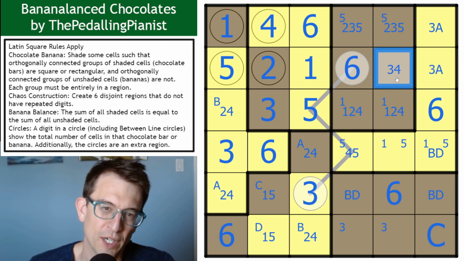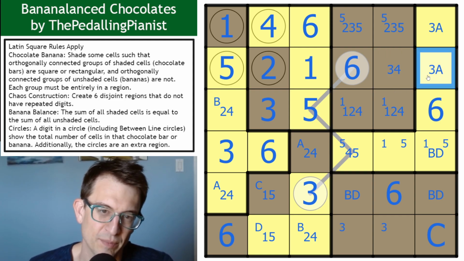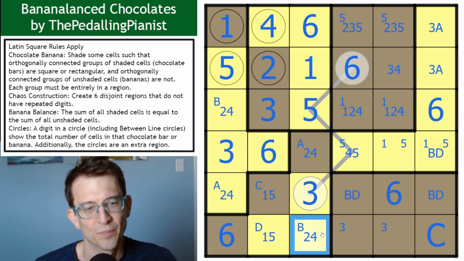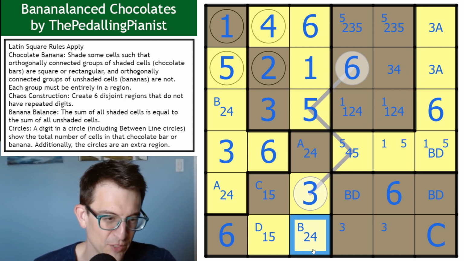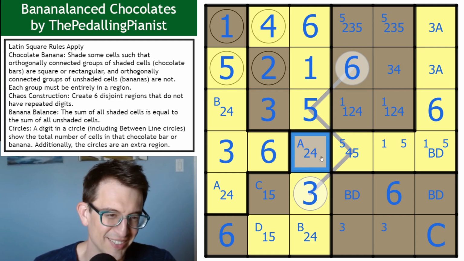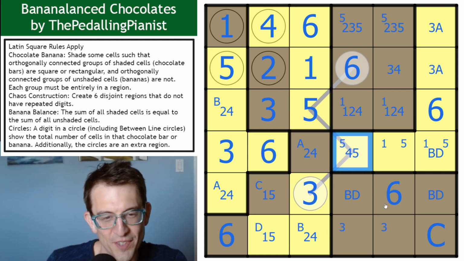If this is 4, this is 3, this is A, which will be 2, which means this is 2 or 3, but that makes B 4. Right, because A is 2, of course. B is 4, A is 2. No, this is way too much. Do I know if this is, so I can figure out if this is one of CD or one of AB, that would be hugely helpful.